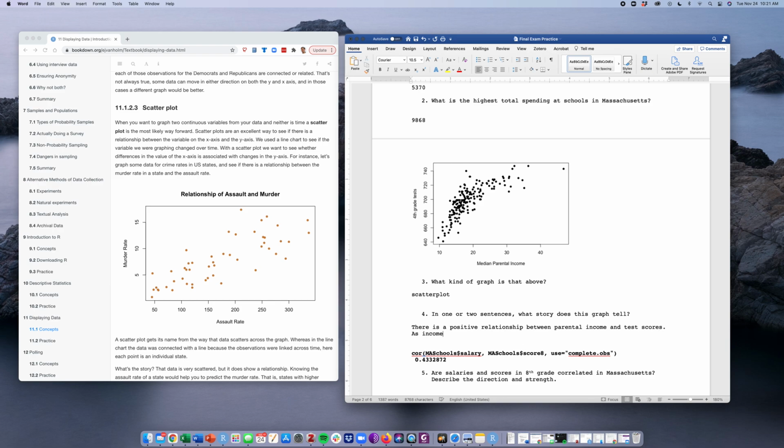As income goes up, test scores go up. Any sort of variation of that, describing that there is a relationship shown by this graph, and that as one goes up, the other one goes up, that will get full credit.